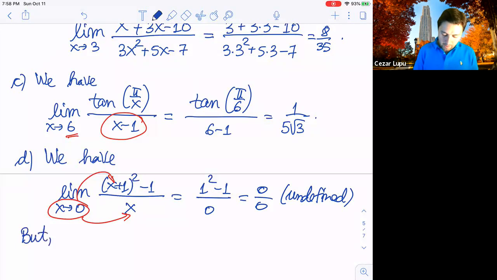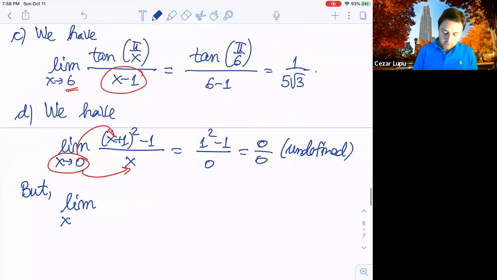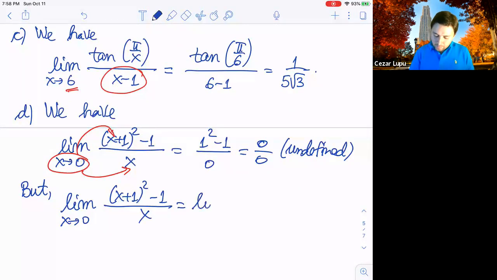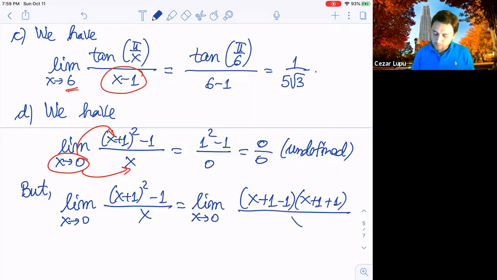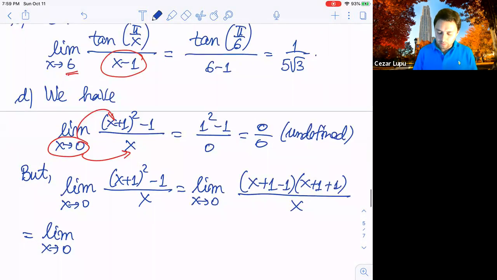So we have that the limit as x approaches 0 of x plus 1 squared minus 1 over x will be nothing else than just the limit as x approaches 0 of, well, you can expand this, or you can just, it's x plus 1 minus 1 times x plus 1 plus 1, everything over x, which is equal to the limit as x approaches 0 of x times x plus 2 over x.